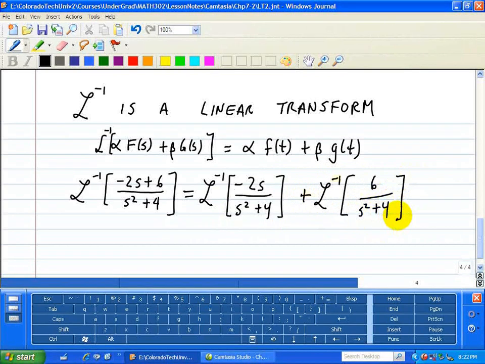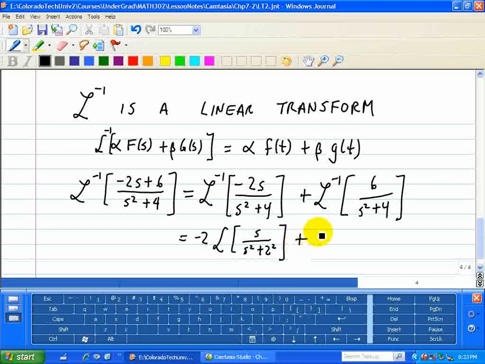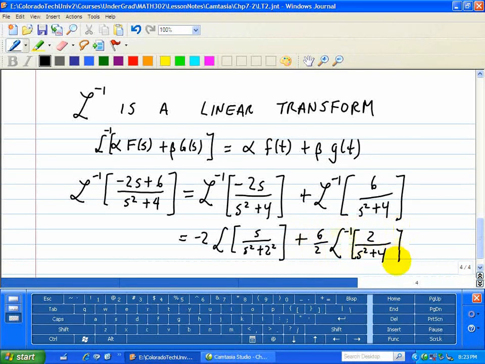Now we can rewrite this expression again with this modification of constants so we can match what's in our previous table of inverse Laplace transforms, such that we'll factor out the minus 2, and this is just s over s squared plus 2 squared, and then this will be just 6 divided by 2, since we want to put a 2 in the numerator here, over s squared plus 4, and then we take the inverse Laplace transform and we have this relationship.